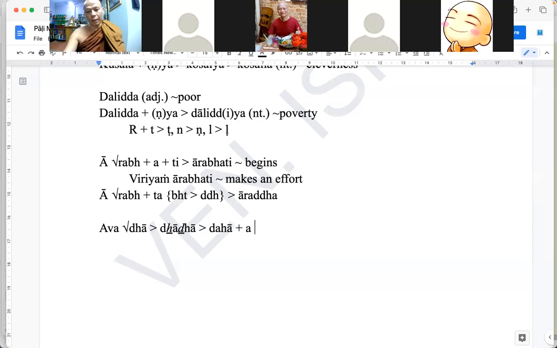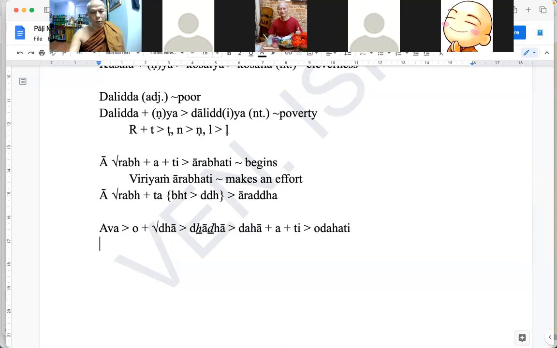The sign is a and then ti. Then this ava is contracted as o. So that is our final form: odahati.